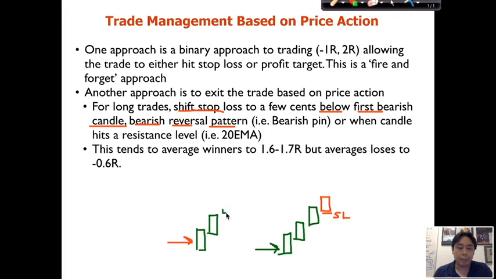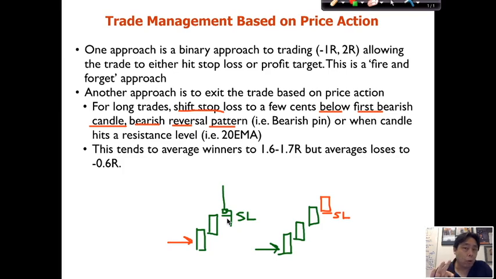And then you see something like that, boom, right? So you see a bearish reversal pattern, which may not be a red candle, could be a white candle or green candle. So if you see that, again, you can shift your stop loss to over there. So again, the next day if it reverses, boom, you exit the trade, okay?